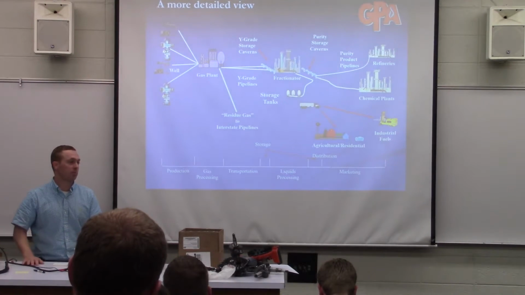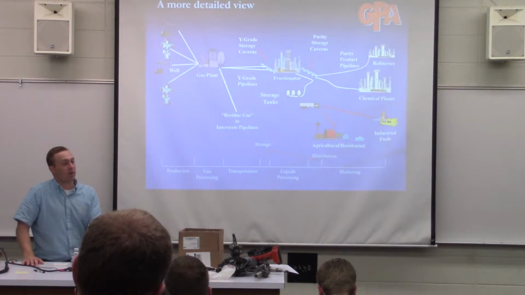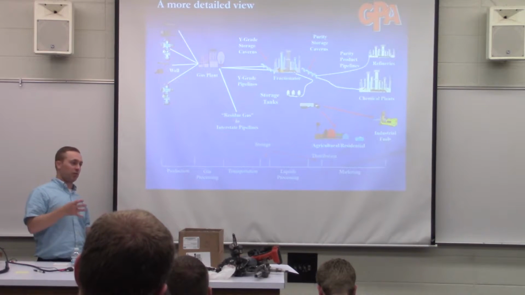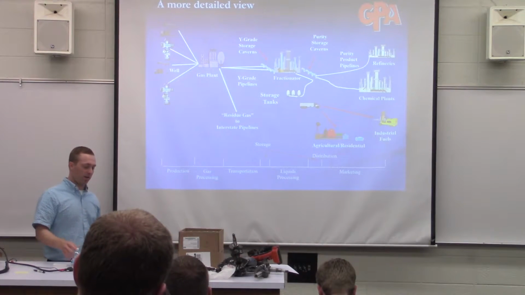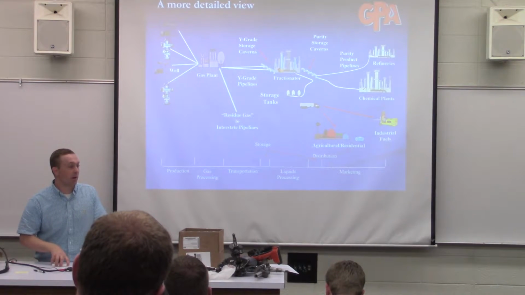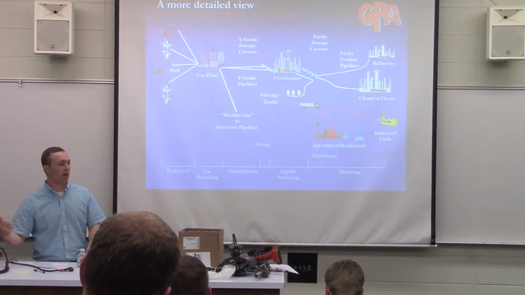There might be 3 or 4 different companies with different working interest percentages, so there's a lot of measurement and accounting for how we allocate the gas and the liquid products that come out.